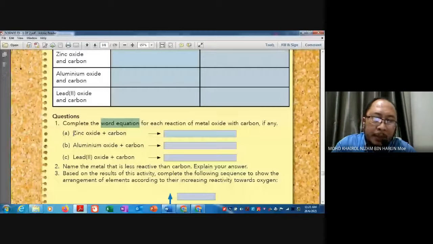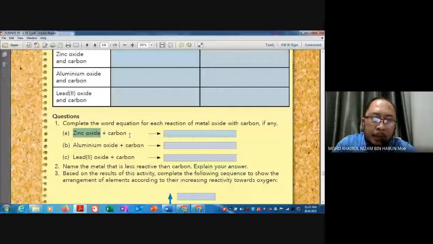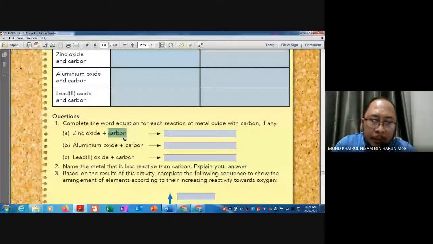For example, if we react zinc oxide, we have to write zinc oxide plus carbon. Both of these substances are the substances that react. The arrow here shows the product that is produced, so we have to write the product name here.